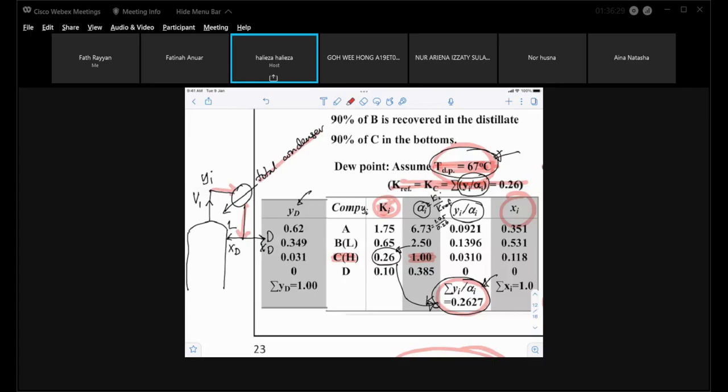Okay. But if I'm using a partial condenser instead of a total condenser, I did mention this last time. We did look at this when we were looking at binary distillation. Now this is a liquid. D is in the vapor phase. This is YD, the vapor phase.